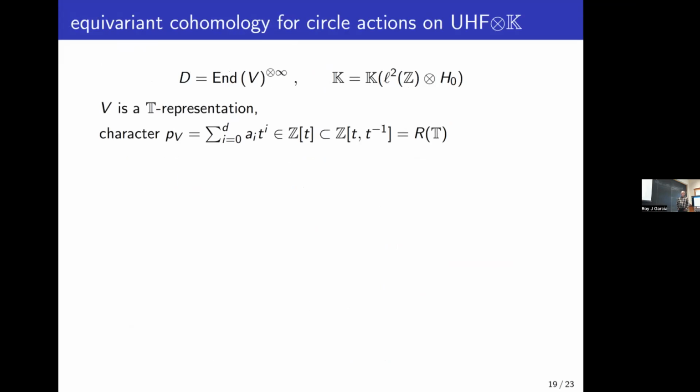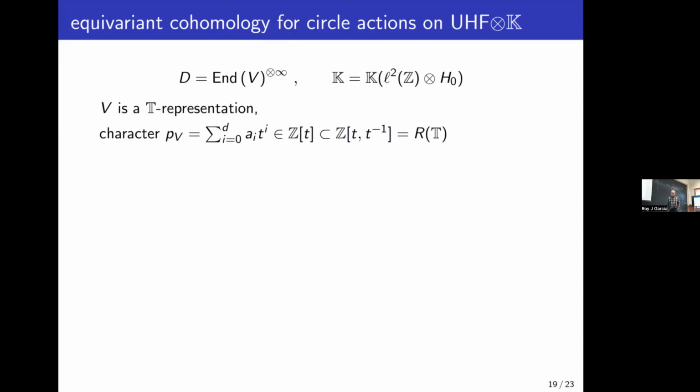You can be a bit more specific with torus sections. So I mean, a single torus, and I think of the following: I construct a UHF algebra, an infinite tensor product of V, which carries a finite dimensional representation.